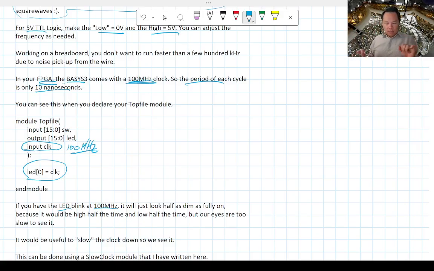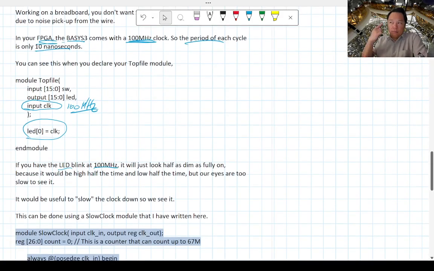Basically that'll make it about half as bright, or rather half the number of photons emitted. But I'm not sure how we actually perceive light. I think it's on a log scale also. Okay, so that's not very useful to look at.